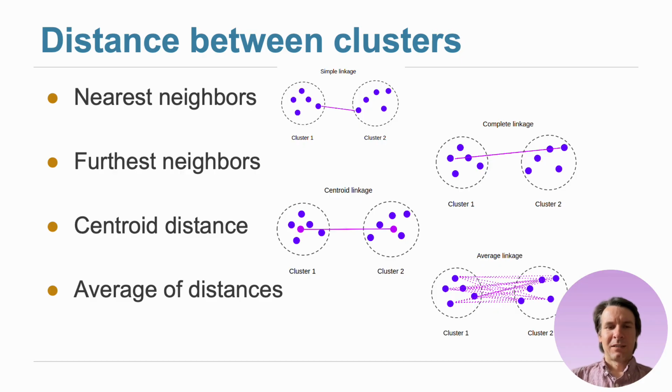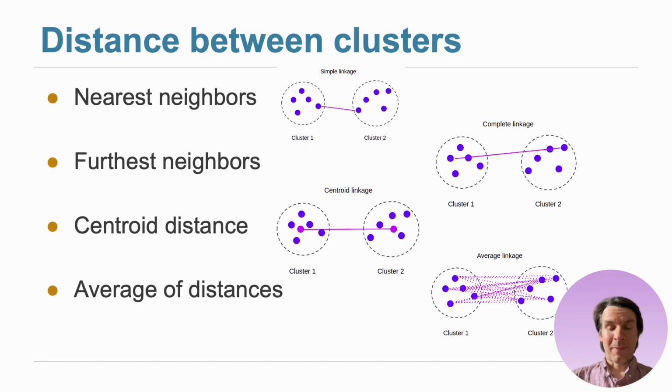You can say that two clusters are as close as their two nearest neighbors. That is one way. Another way is you look at the data points in each cluster and take the maximum of the pairwise distances, and that is the distance. Or you look at the centers of the clusters and make the distance between the centers the distance between clusters.